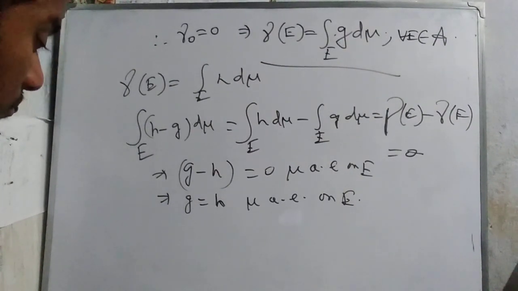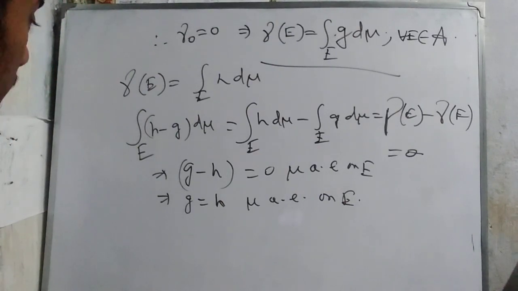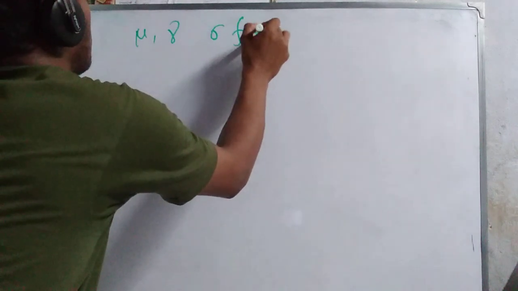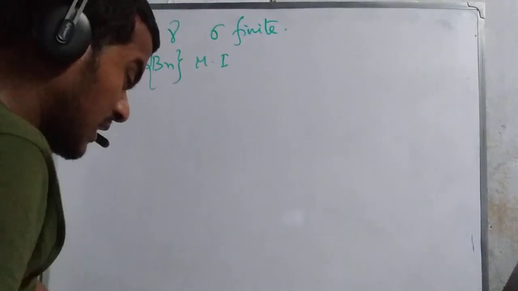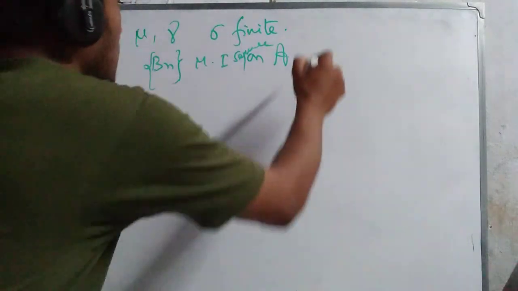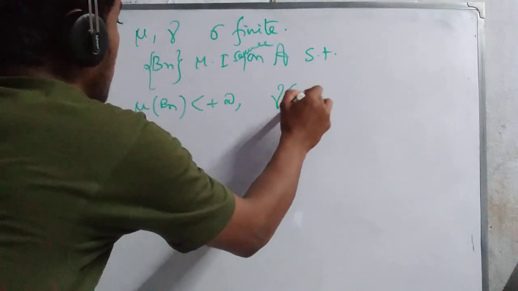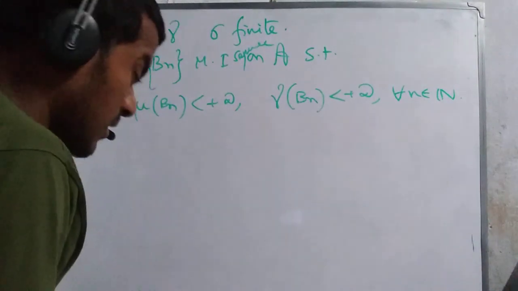Then another thing is needed here: what if mu and gamma are sigma finite? We erase that portion and go on to further discussion. If mu and gamma are sigma finite, then obviously there is a monotonically increasing sequence b n in the sigma-algebra such that mu of b n is less than plus infinity and gamma of b n is less than plus infinity, for all n in the natural numbers.